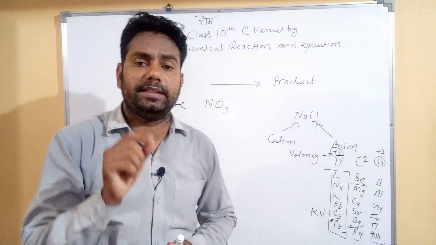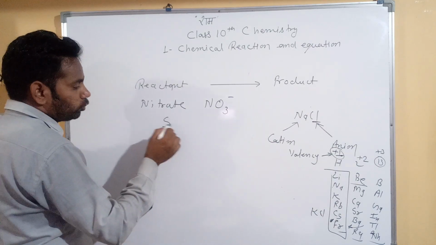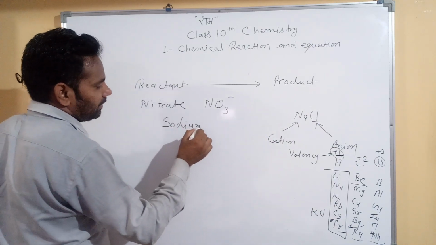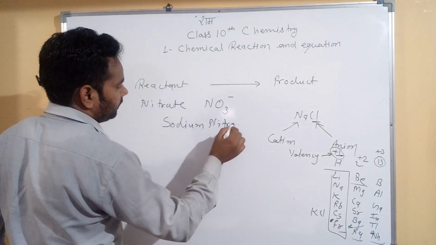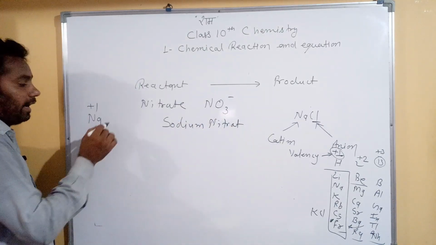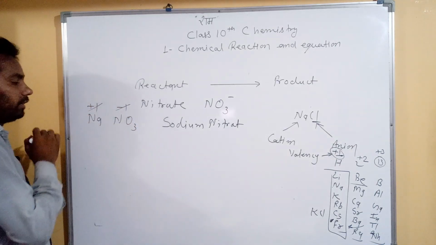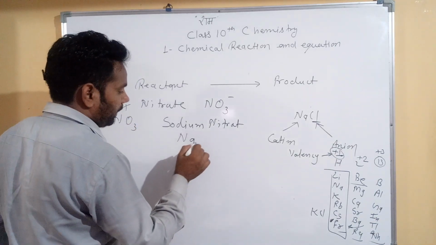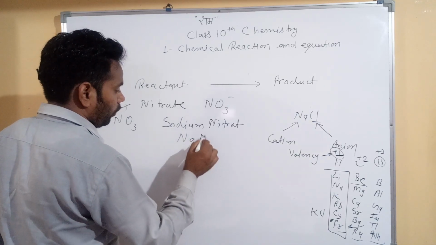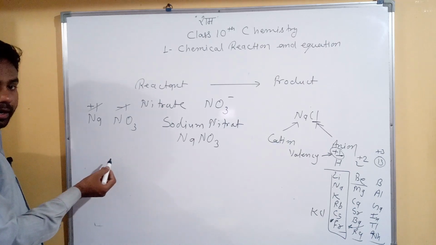It means its valence is -1. If I want sodium nitrate, sodium is Na +1 and NO3 -1. So +1 and -1 cancel. So the formula of sodium nitrate is NaNO3.